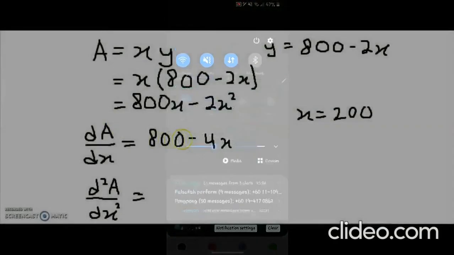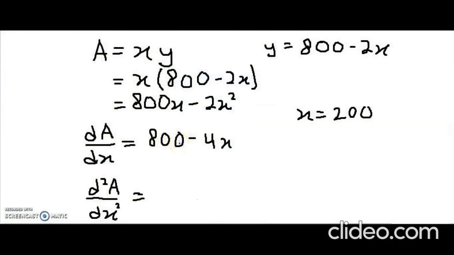Okay, to the next step, we use the same method, second derivative, which means we differentiate this equation, so it becomes negative 4, which means less than 0 for all x.